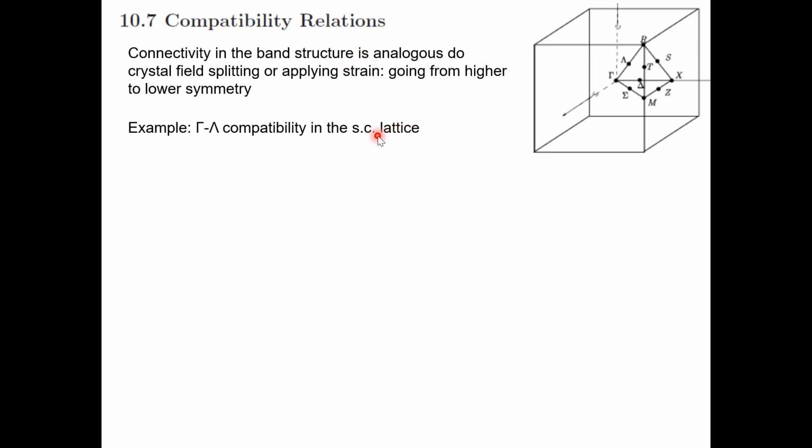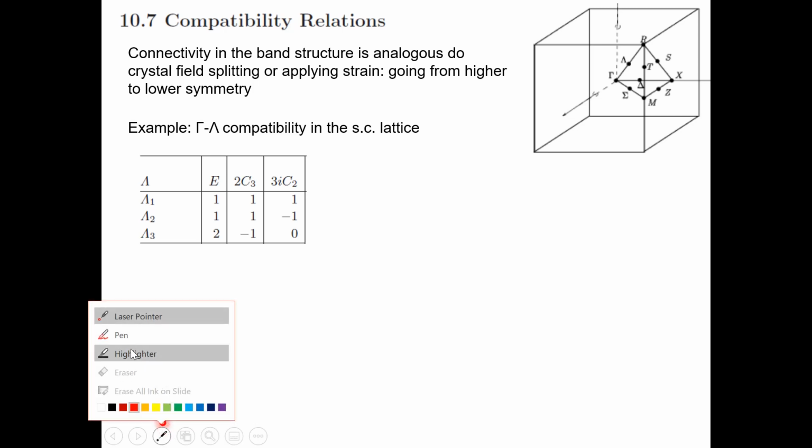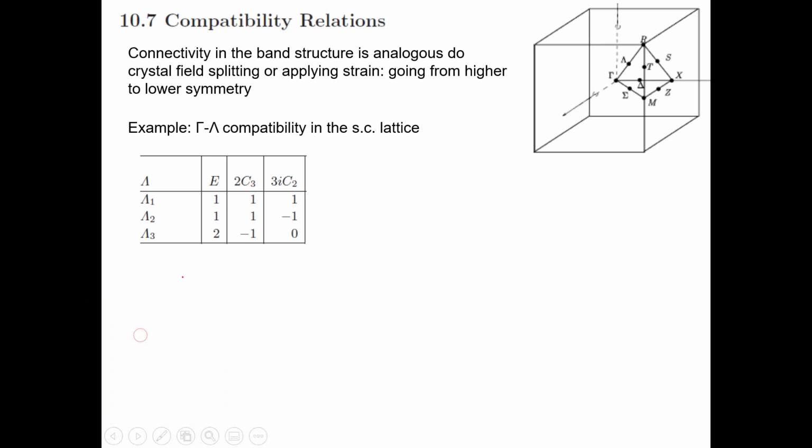Let's take the simple cubic lattice again. And I want to study compatibility relations going from gamma to the lambda direction. The lambda direction is along the main diagonal of the Brillouin zone. All right? So again, I take the group of the wave vector for the lambda direction, which is actually the C3V group.